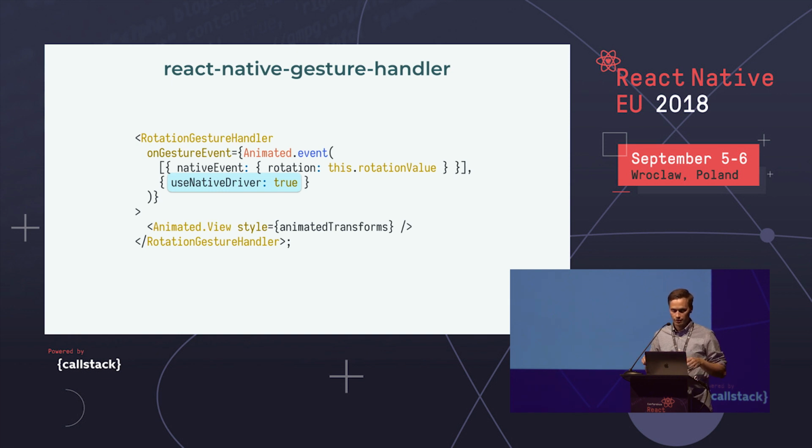So whenever we start rotating on that view, it's going to activate the gesture. And since the events that the gesture handler generates are not just raw coordinates of the fingers, because for rotation we actually get the angle, we can map that to an animated value and use native driver to drive it without interacting with the JS thread at all.